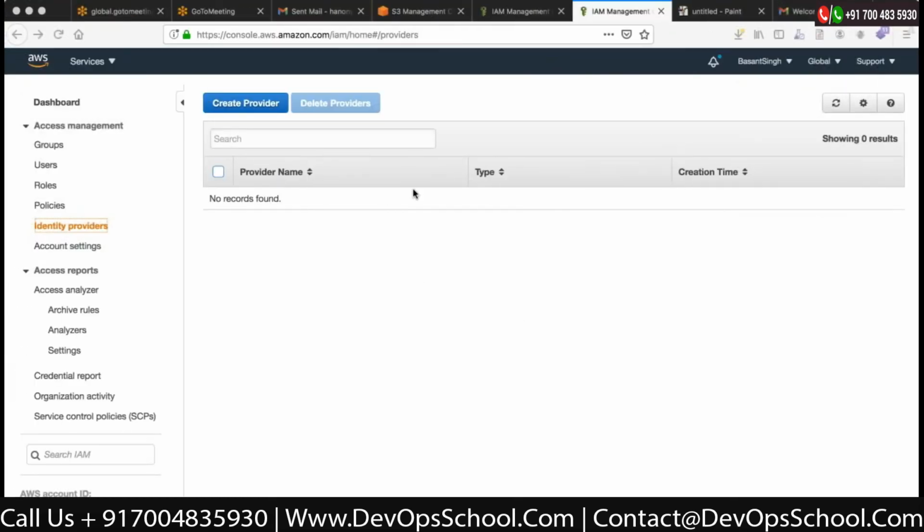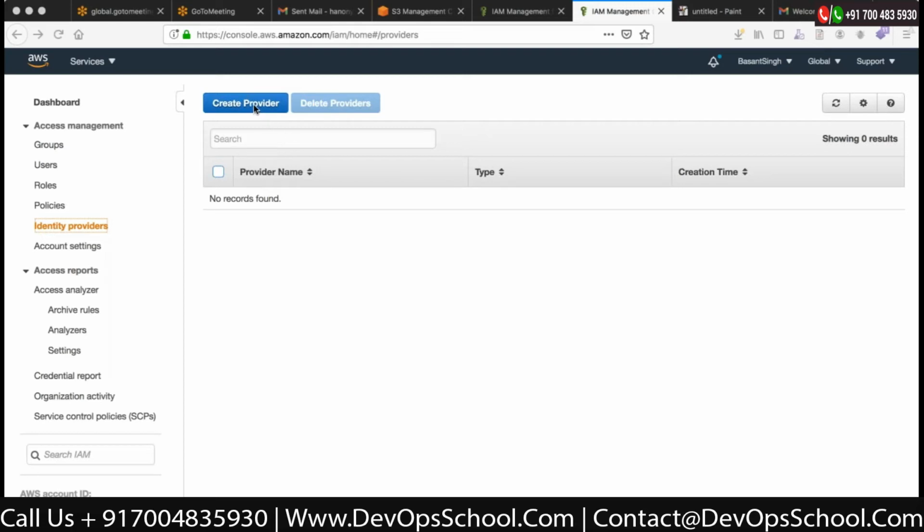So you can manage your user entities outside of AWS and give these external user entities permission to use your AWS resources in your account. This is very useful if your organization already has its own identity system, such as Active Directory. It is also very useful if you are creating a mobile app or web app that requires access to AWS resources. For that, we use an identity provider.